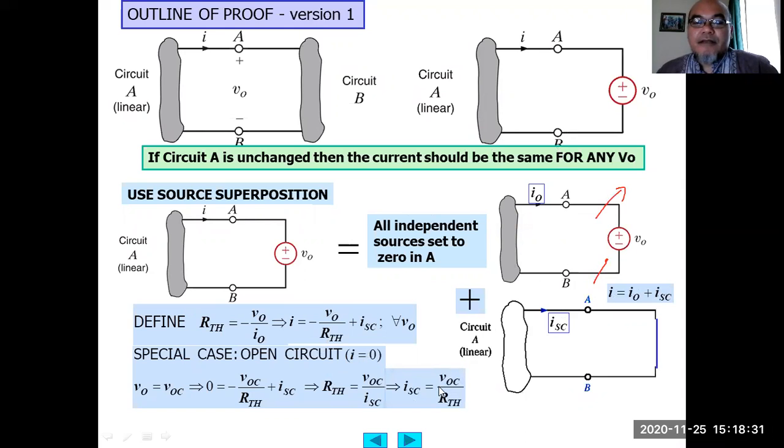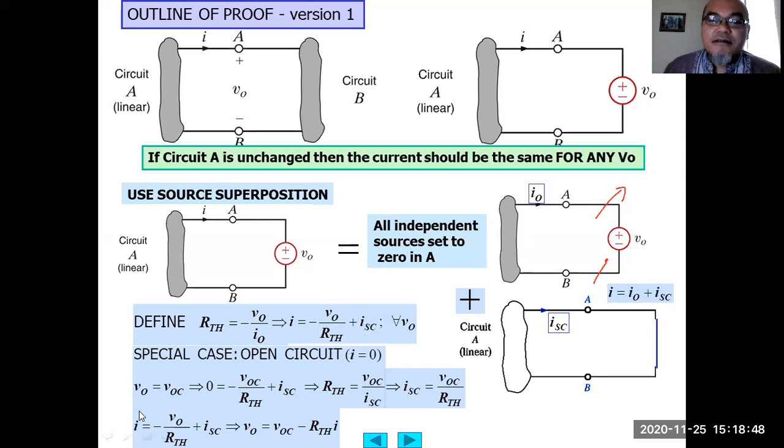Then the short circuit current equals the open circuit voltage divided by the Thevenin resistance. Putting this back into the equation, the total current is negative V output divided by RTH plus ISC, where V output will be equal to VOC.